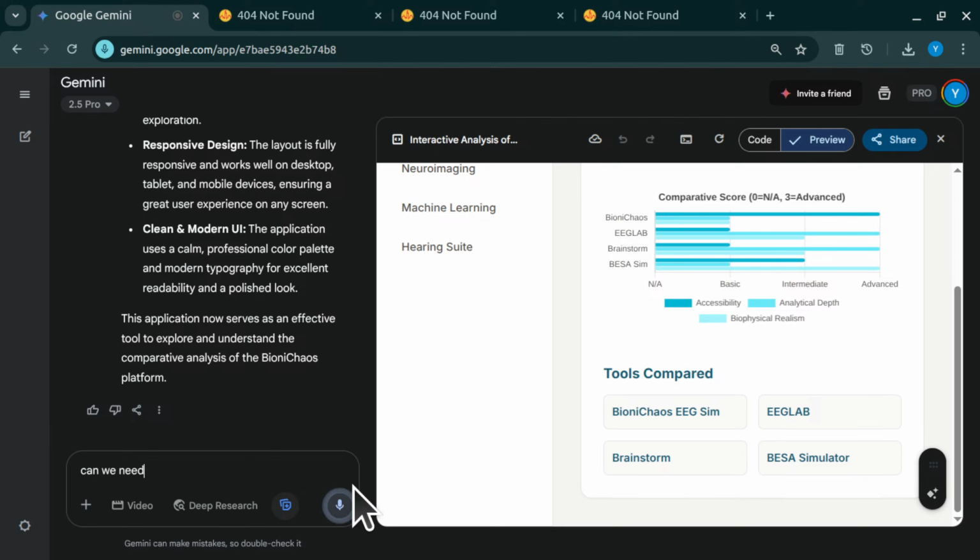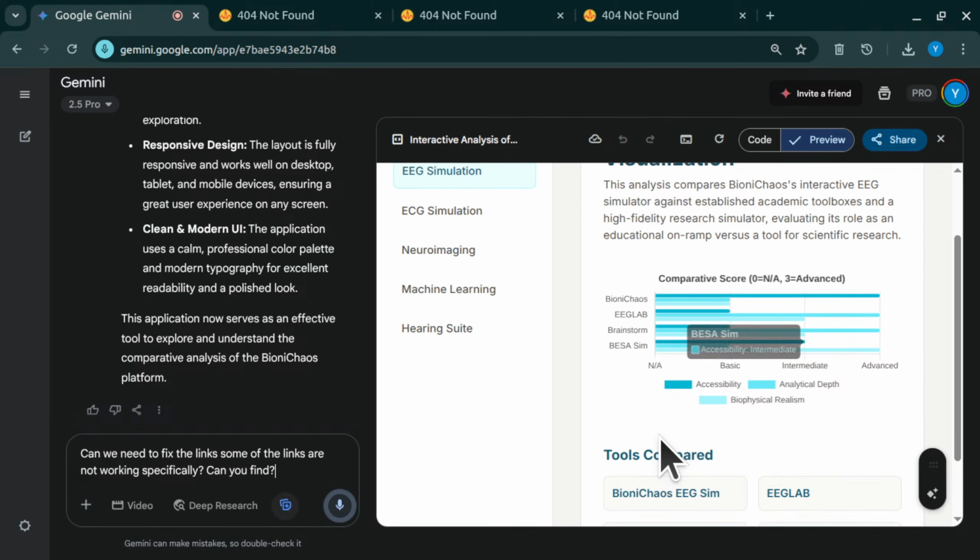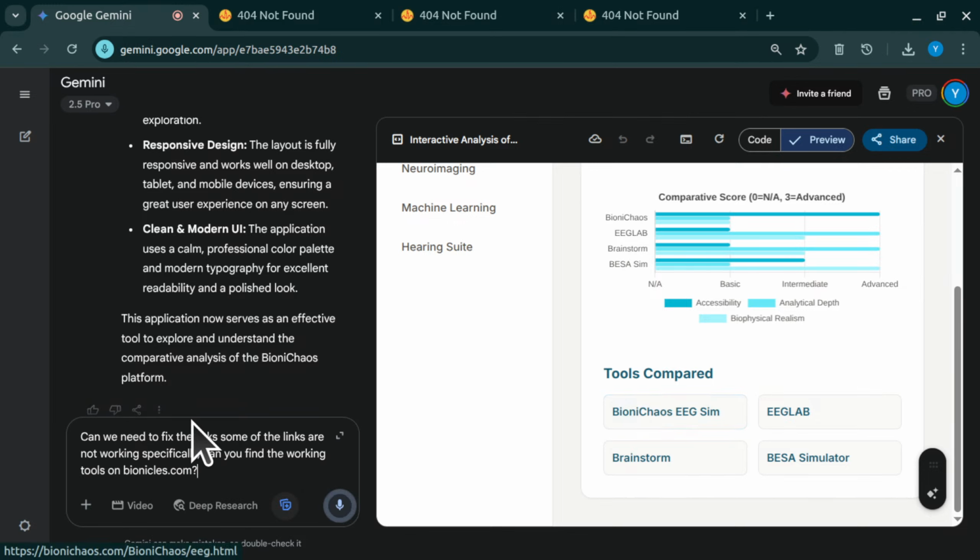Okay, we need to fix the links. Some of the links are not working. Specifically, can you find the working tools on bionichaos.com?